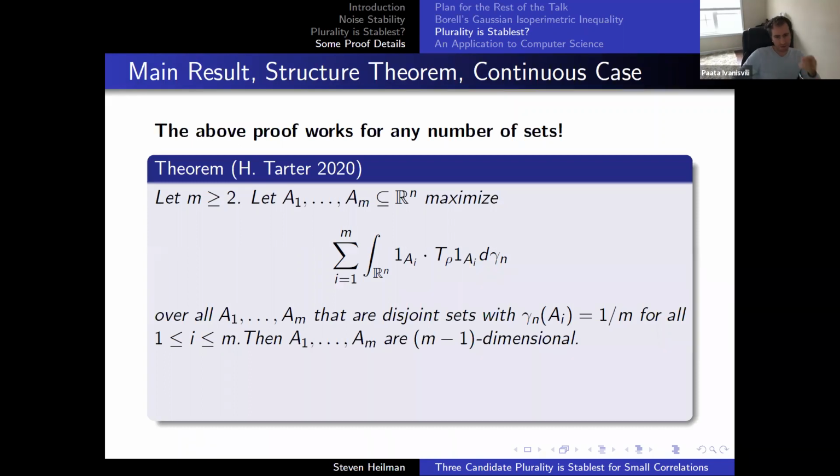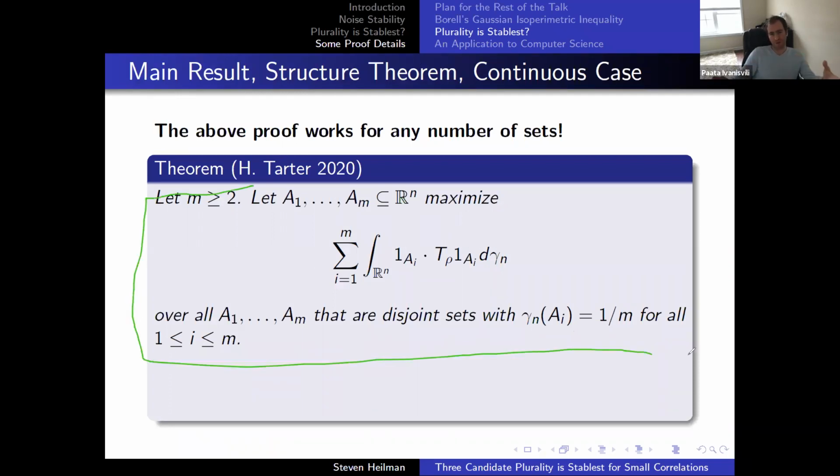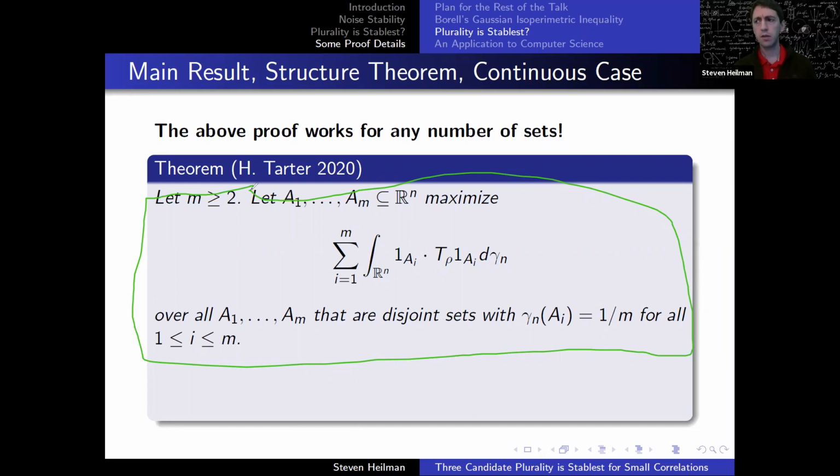The discrete version was, as you said, the plurality stablest; this is the continuous version. But you said you eventually proved plurality stablest for very small rho, right? Yes, when m is 3, let's say.